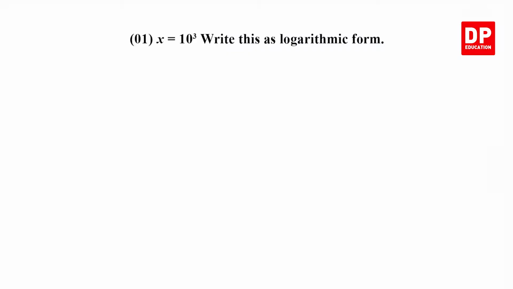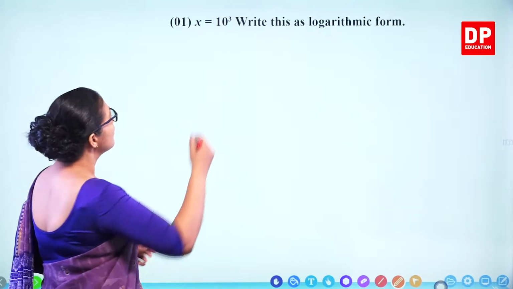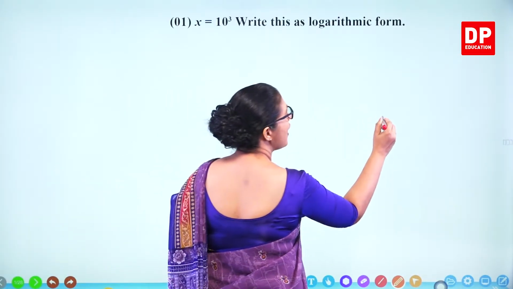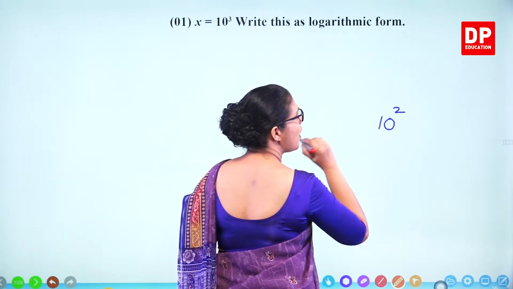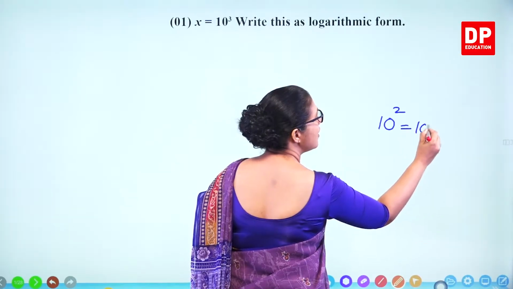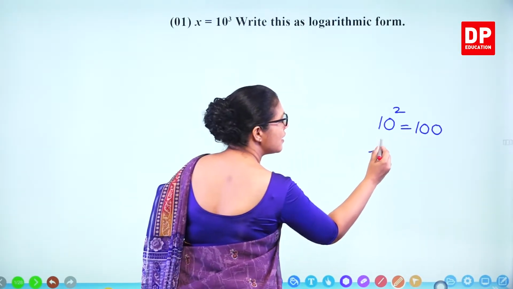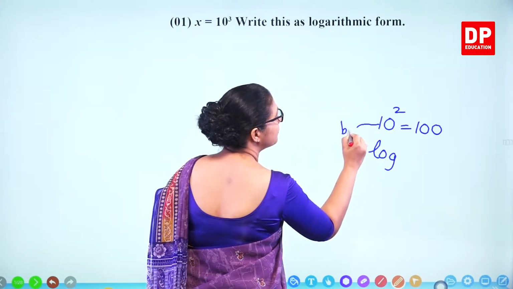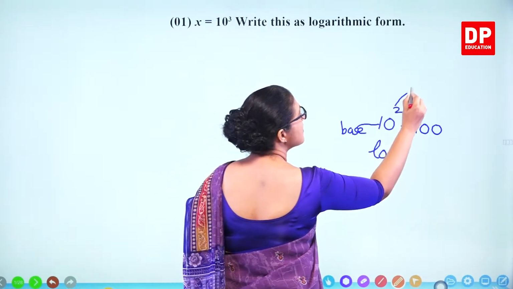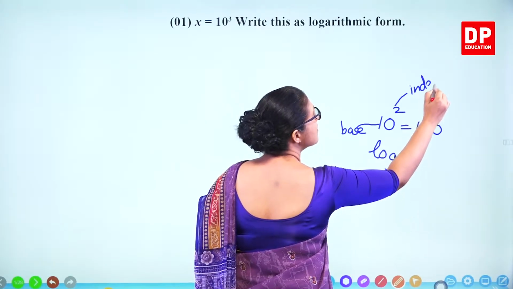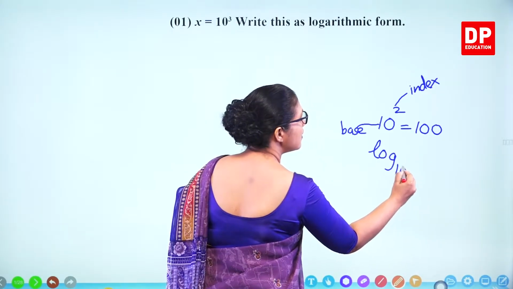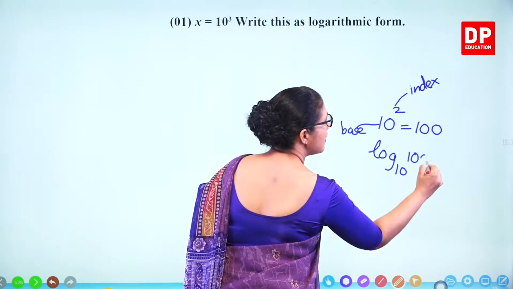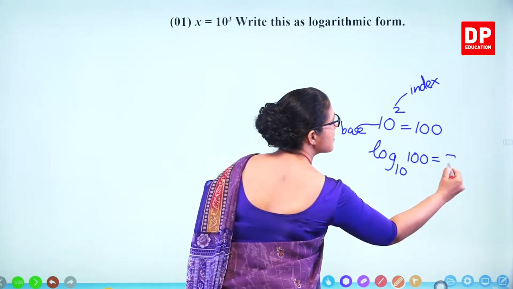Let's take question number 1. x equals 10 to the power 3. Write this in logarithmic form. So how can you write it down? Can you remember, if 10 squared is 100, how you write it in log notation? Log, this is the base and this is the index. So the base goes here and the number is equal to the index.